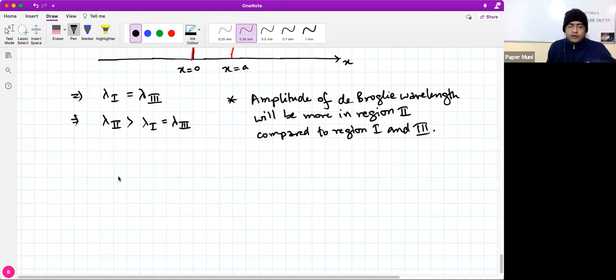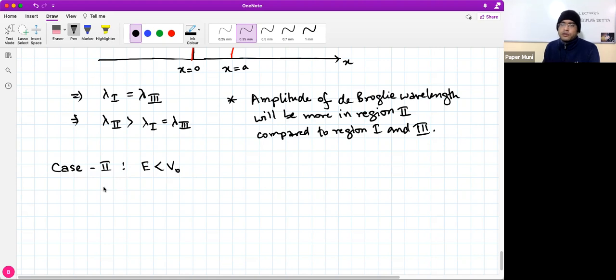Now let's talk about case 2. I hope you understand how to check whether the amplitudes will be the same or not. I've not derived it completely and I cannot recall that right now, so you can look it up in any of the books I have mentioned earlier.